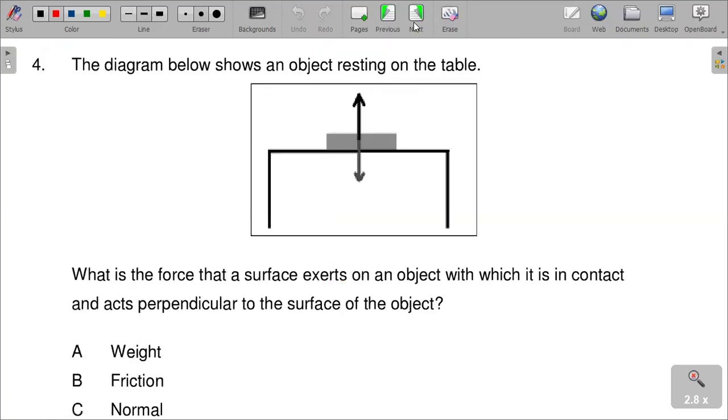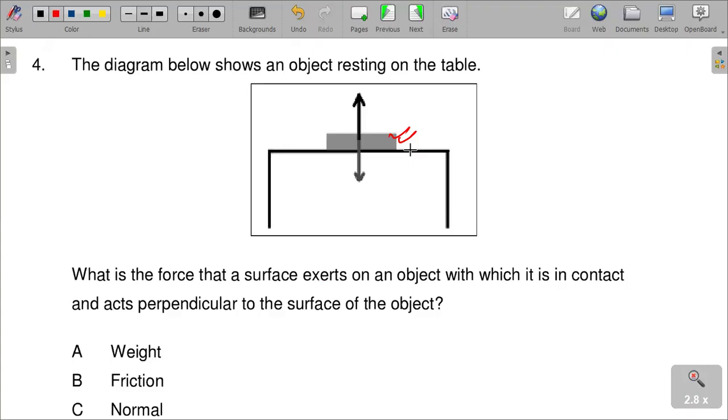The diagram below shows an object resting on the table, which is given there. And then we have got a question there. What is the force that a surface exerts on an object with which it is in contact and acts perpendicular to the surface of the object?